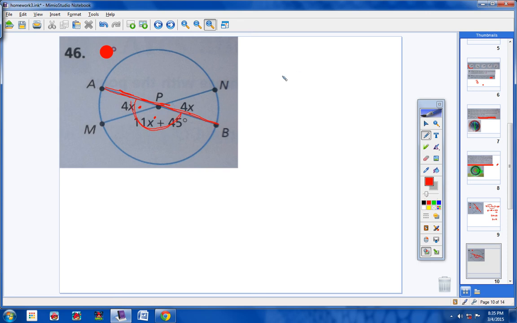So 4x plus 11x plus 45 equals 180. Now, simplify the right side. That's already done for you. Simplify the left side. 15x plus 45. Bring the 45 over and make it a negative 45, and you're left with 15x equals 135.